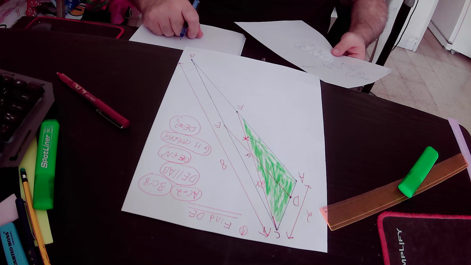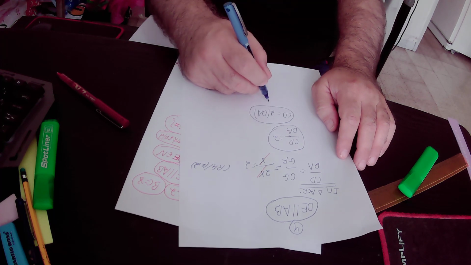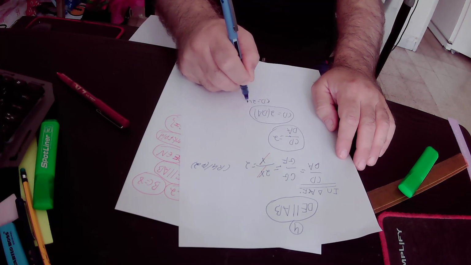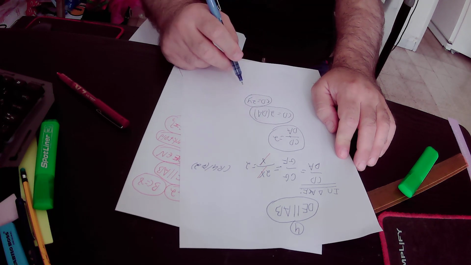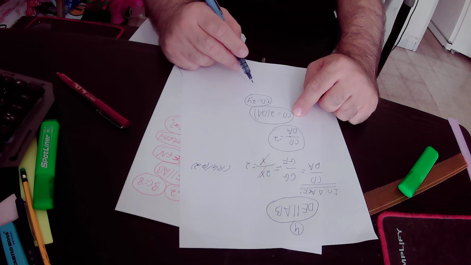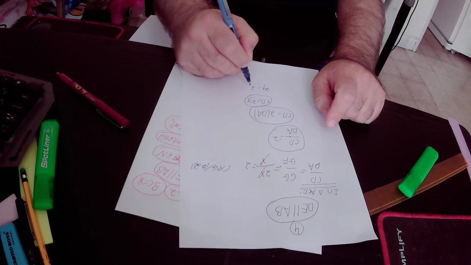So actually, if we define CD as 2y, that is to say CD equals 2y according to our definition, then we can substitute CD by 2y in this equality, and we will get that 2y equals 2 times DA.